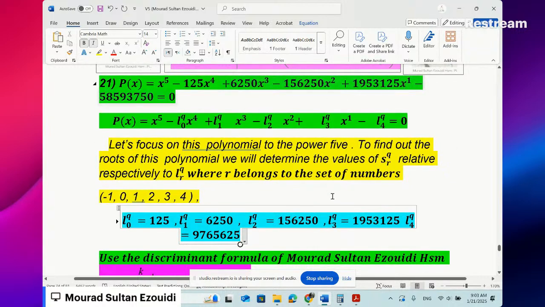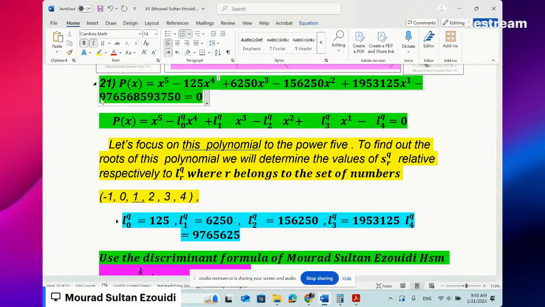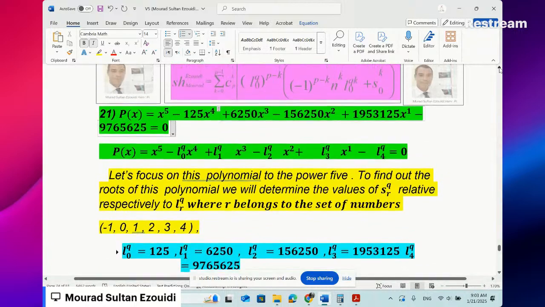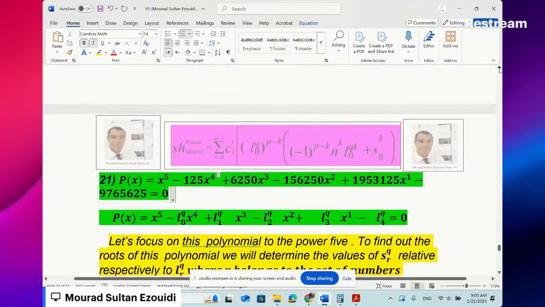This one is 9,765,625. Okay, erase this. Now my kids, you will use the calculator and you'll see this 25 is a root.